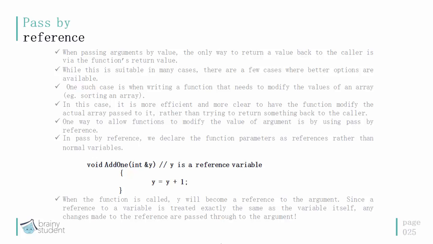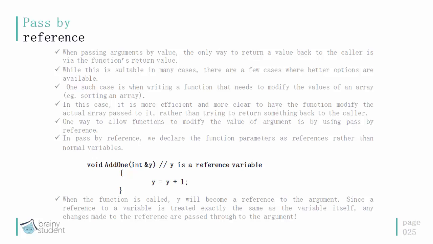One such case is writing a function that needs to modify the value of an array, for example, sorting of an array. In such cases, it is more efficient and clearer to have a function modify the actual array passed to it rather than trying to return something back to the caller.